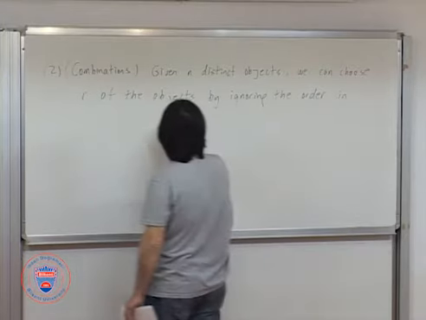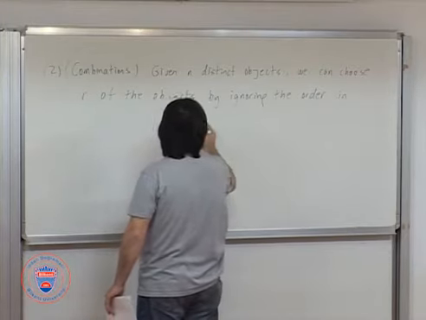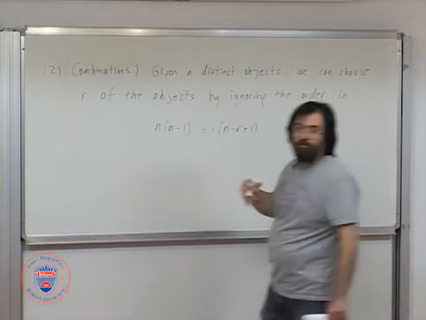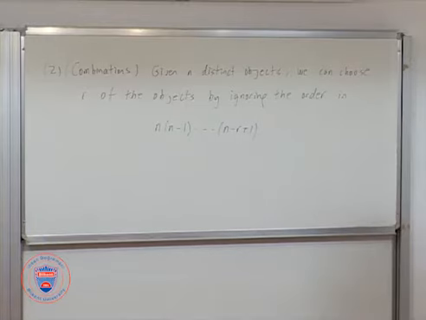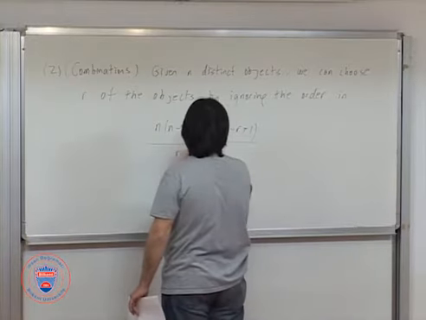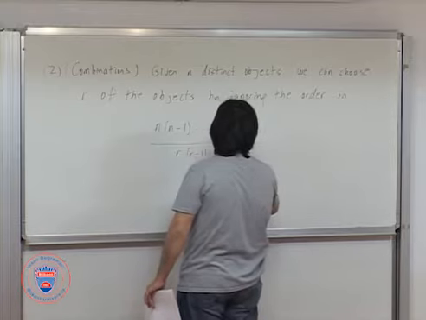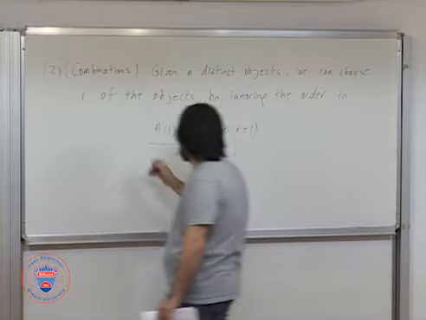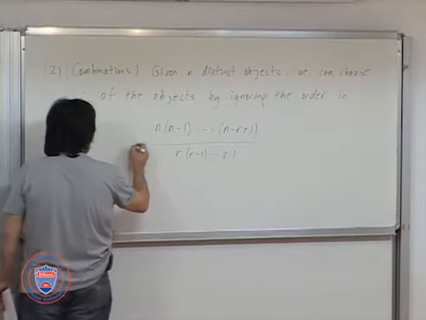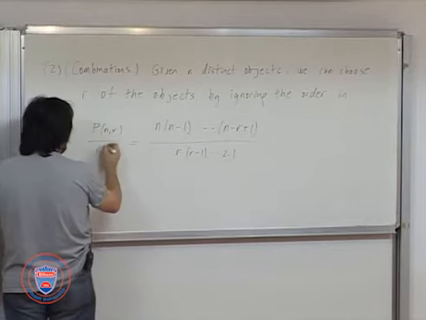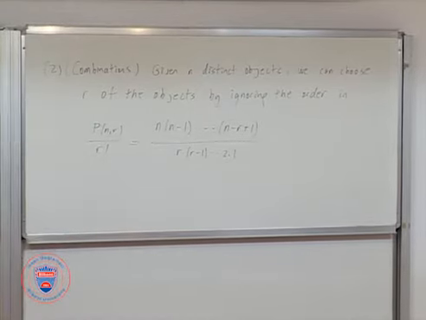This permutation comes in because you first choose them as if you're choosing in an ordered way, but then you divide by the number of ways to order r people to adjust this calculation. So it was basically P(n, r) divided by r factorial.